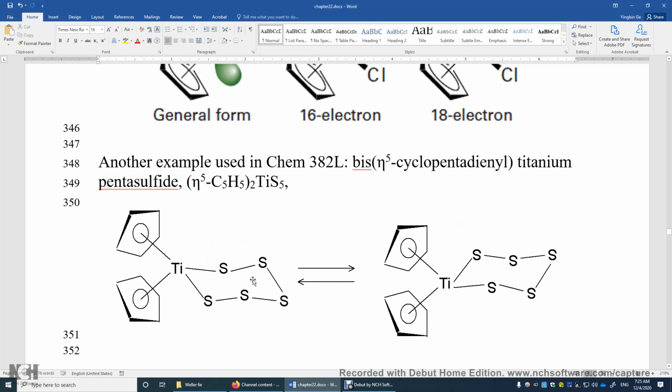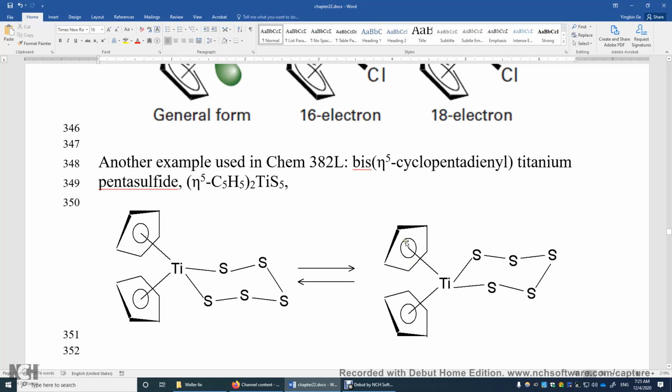So in this reaction, it's pretty simple. When you have a 6-member ring structure, this is a chair conformation, and you can have axial position, you can have equatorial position. So I think it's possible to observe the conversion between the axial position and equatorial position.